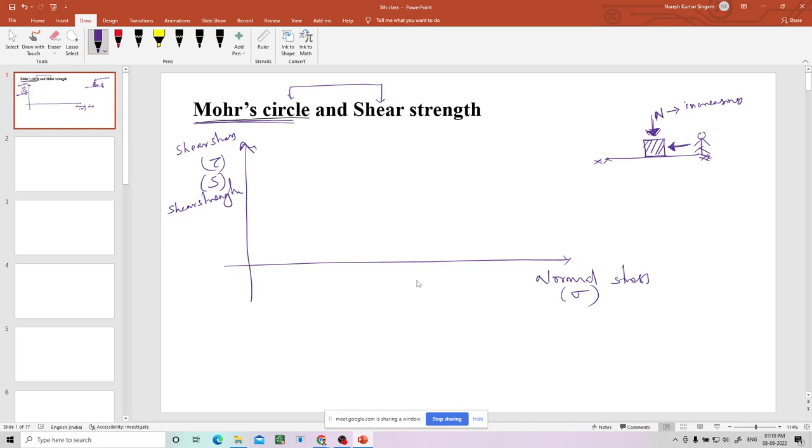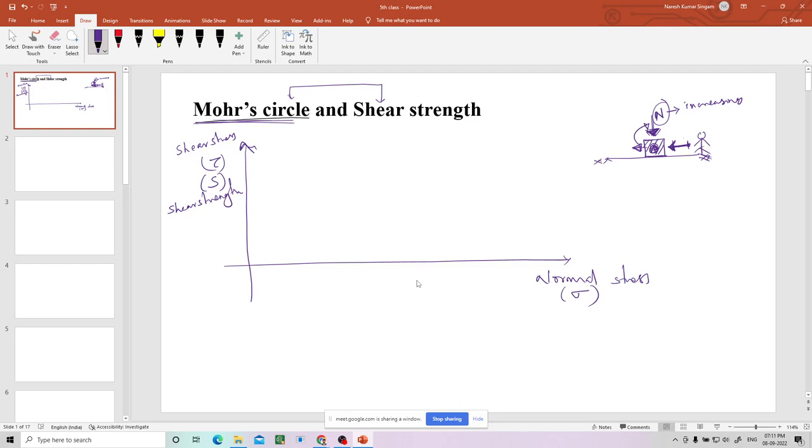At that time you need more strength, more load in this direction to move the block. So the strength of this block in this direction is a function of the normal load. If it is increasing, the strength in this direction also will increase.